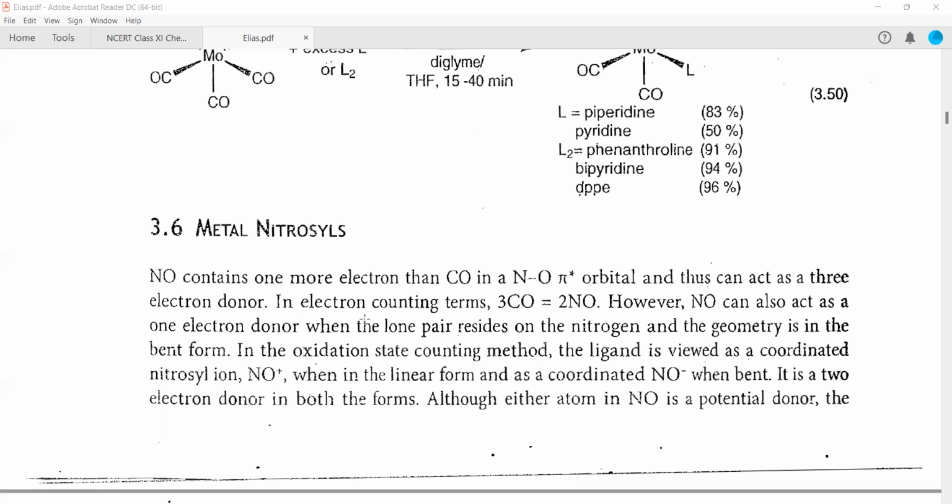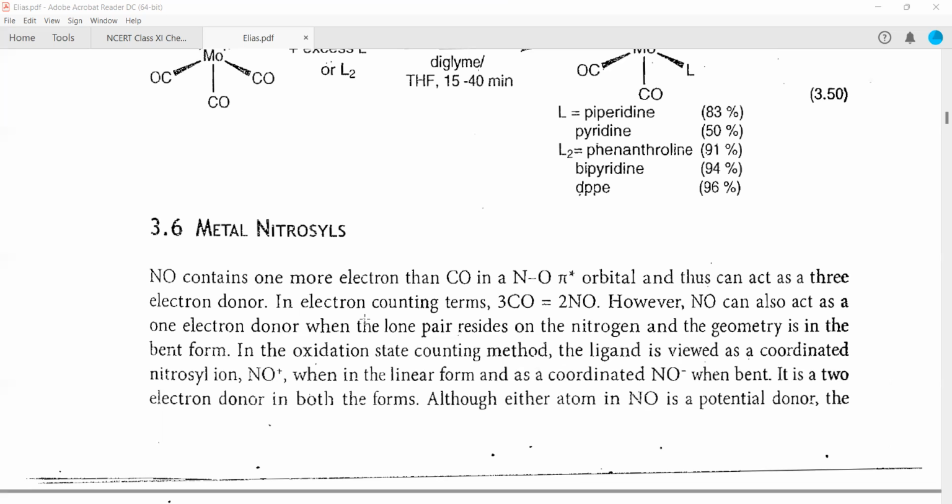But when NO coordinates as NO negative, the lone pair resides on the nitrogen, and in that case it is a 1 electron donor itself. So actually, it is a 2 electron donor in both the forms.